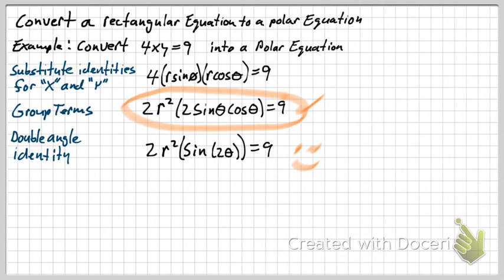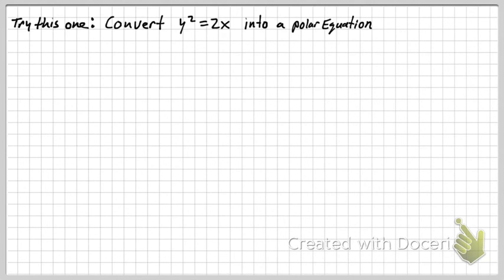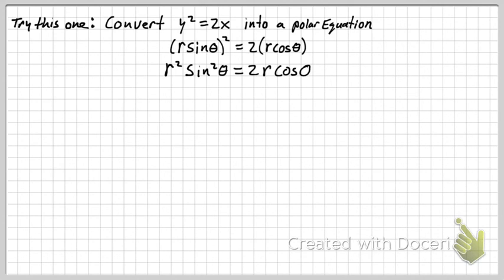All right, let's do another example. We're going to convert this one into polar. So what are we going to do? There is my identity for y, and there's my identity for x. I square both sides. Now, how do I clean this up?